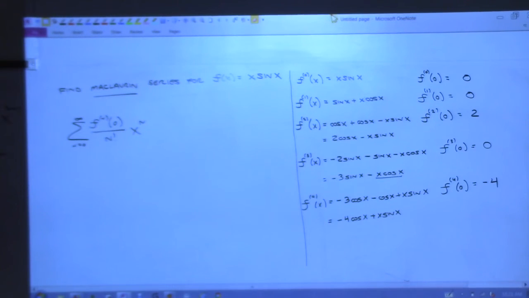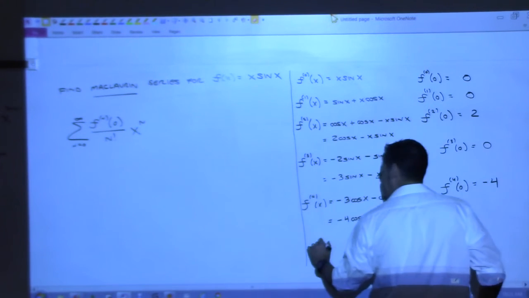Do you see a pattern? What do you think the next one's going to be? 0. What do you think the next one after that's going to be? 6. I think you're right, but we should double check just those next two, because if we do that, we can assume that we've got a pattern here, right? Okay. So let's do the fifth derivative.